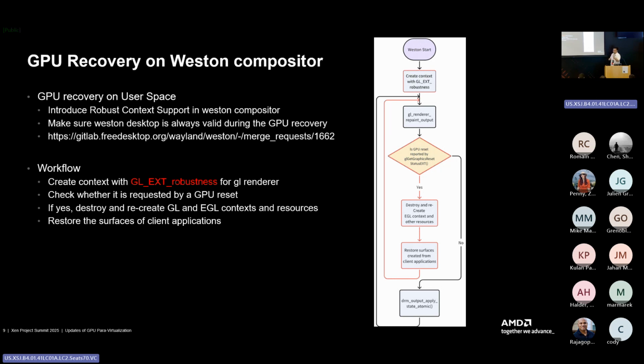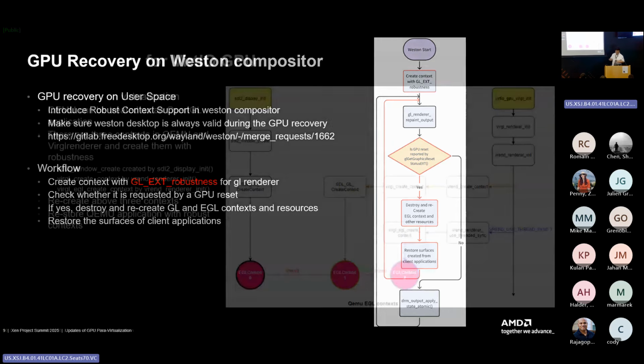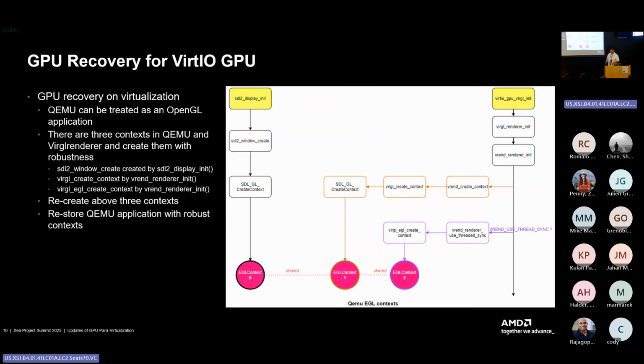Even when we get successfully recovered from the hardware GPU reset, the patch sets are almost upstream, and they are already almost merged in the latest version of the Weston compositor. And once we keep Weston, the host desktop is always valid.